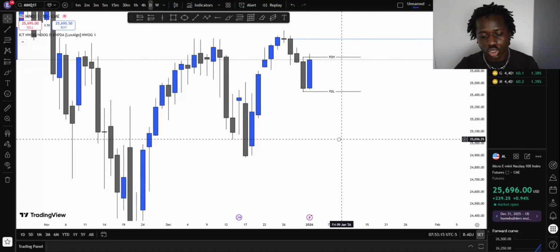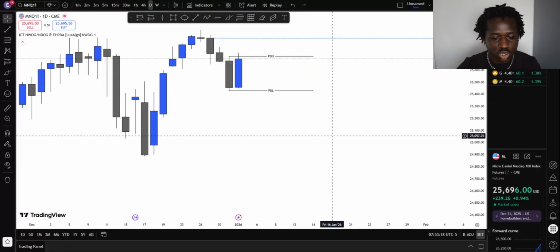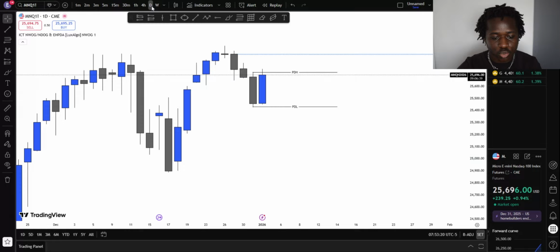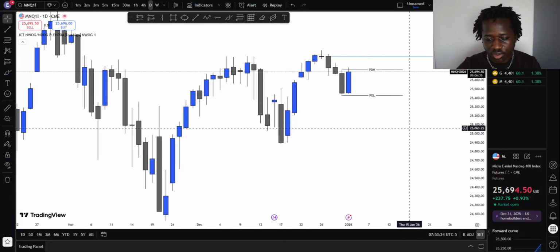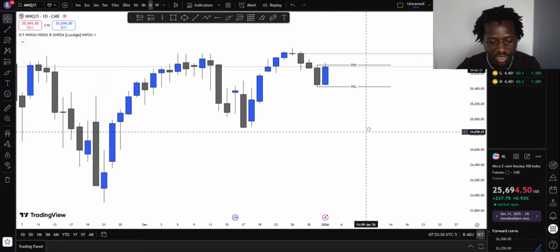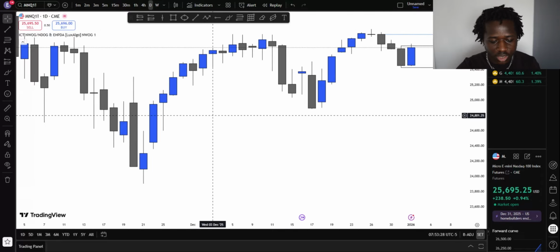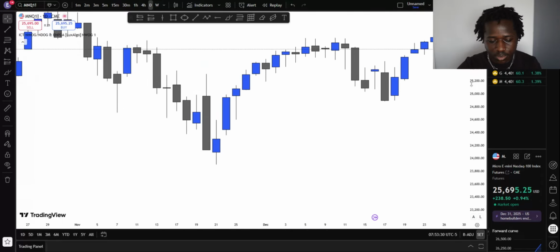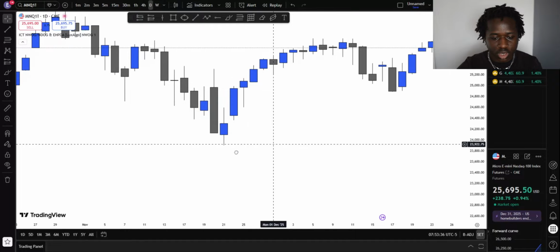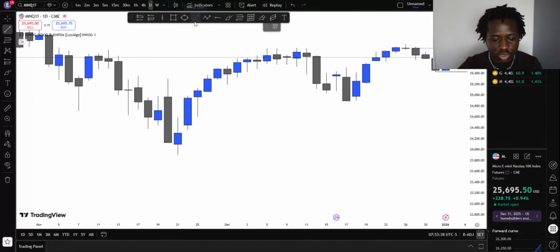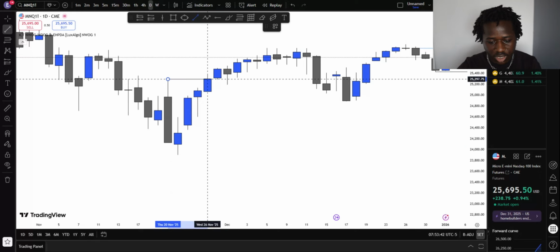So you want to go on your chart and you want to practice marking these out. If you go to the daily time frame, see, 1 day, you can practice marking these out. Let me give another example. If I go here, let's say I am trading on this day, which is another Friday, which is the 21st of November. If I want to mark out my previous day highs and lows, I will go to this day, which is Thursday, and mark out this high, drag my trend line.